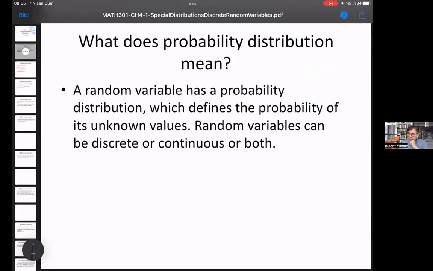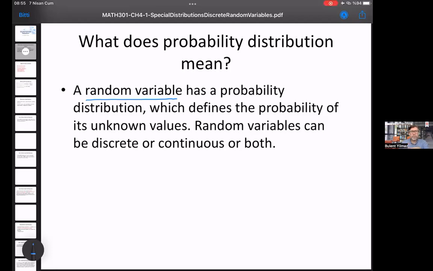If you remember, a random variable is a real number which will represent the outcome of an experiment, but the outcome of an experiment should be converted to a real number.